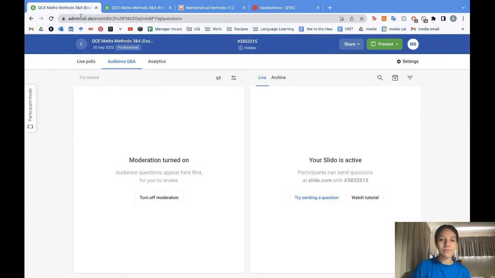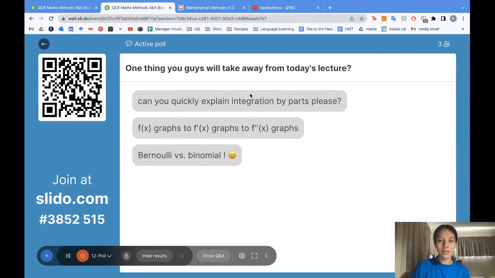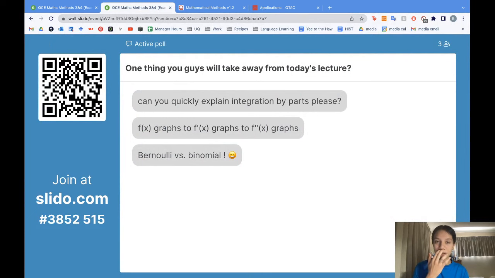Alrighty, if we don't have any other questions... Someone's asked, can you quickly explain integration by parts, please? I'm pretty sure by integration by parts you mean integrating different parts of a function.